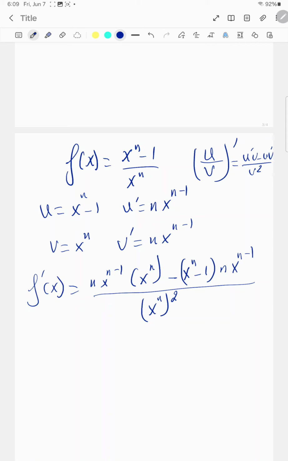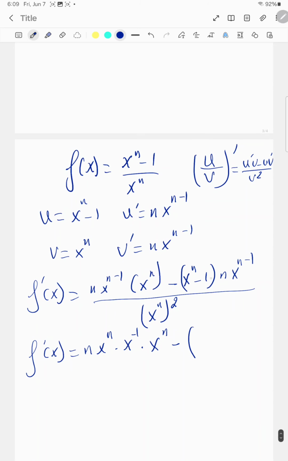Now let's develop the numerator. So f prime of x is equal n x to the power of n times x to the power of minus 1. I can write it like this, times x to the power of n. Minus, and I open my parentheses, n x to the power n times x to the power n times x to the power minus 1.